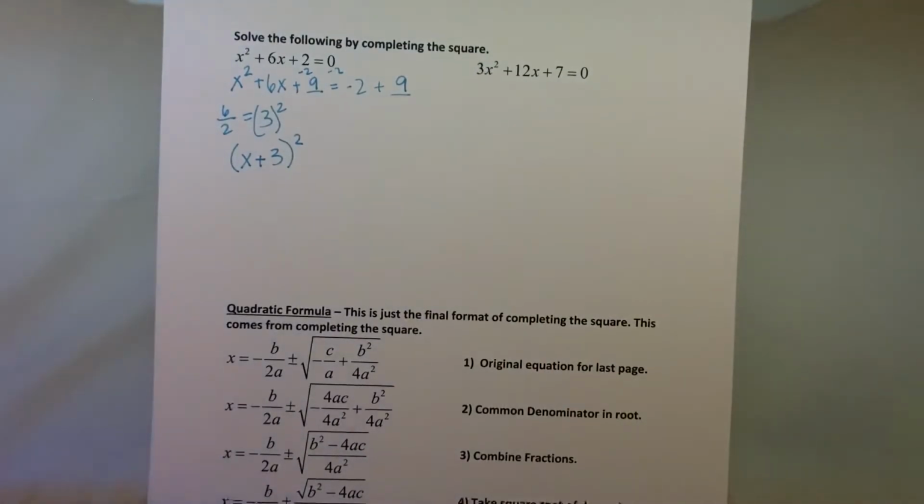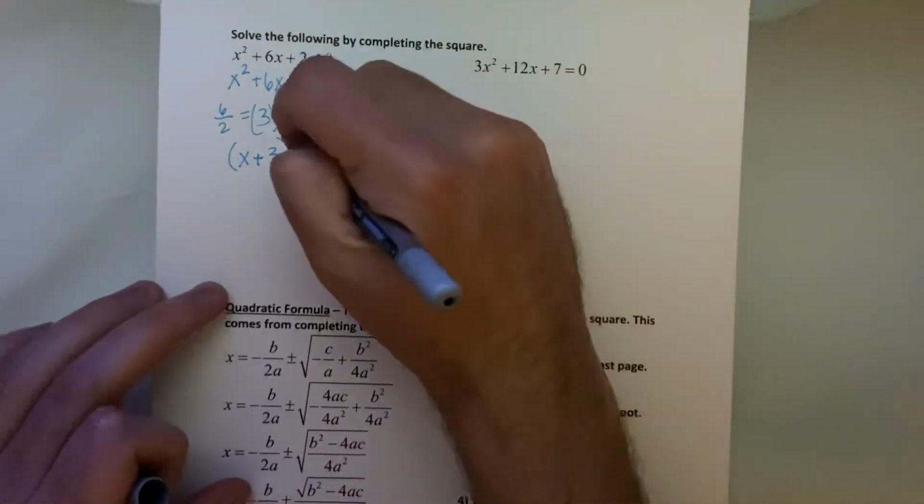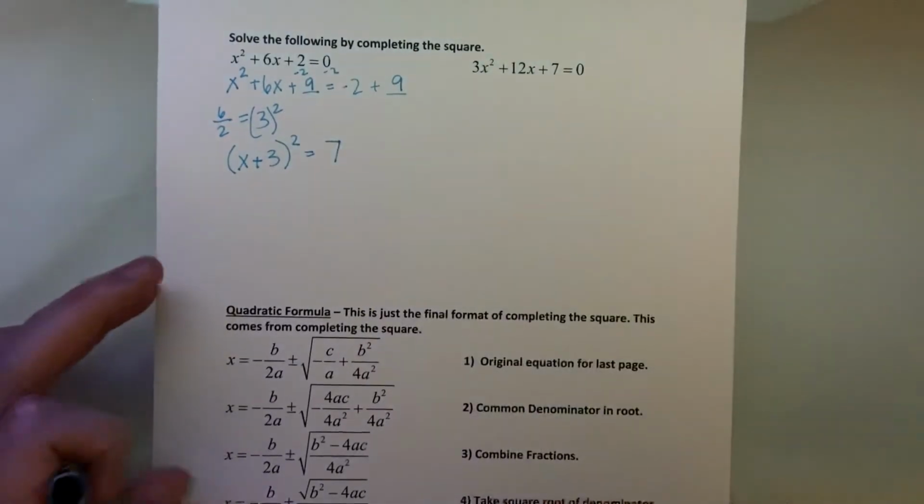Why? Because x plus 3 times x plus 3, if you use the distributive property, will give you x squared, and then it'll be 2 3x's in the middle that you combine to get to 6x, and then 3 times 3 is 9. On the other side, we just add those two numbers together. Negative 2 plus 9 is 7.